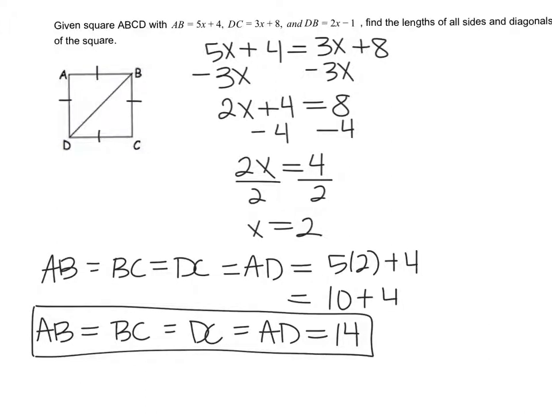Next, we want to find the lengths of our diagonals. And even though our second diagonal isn't drawn, it's going to be the diagonal AC.